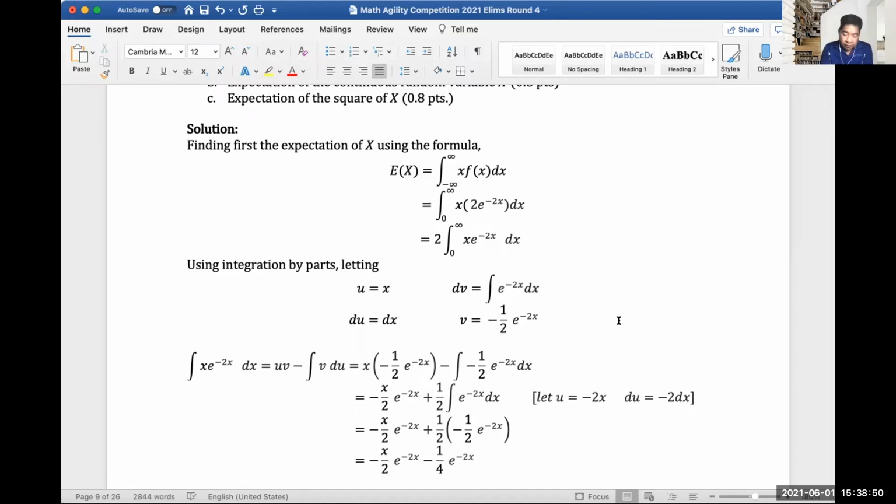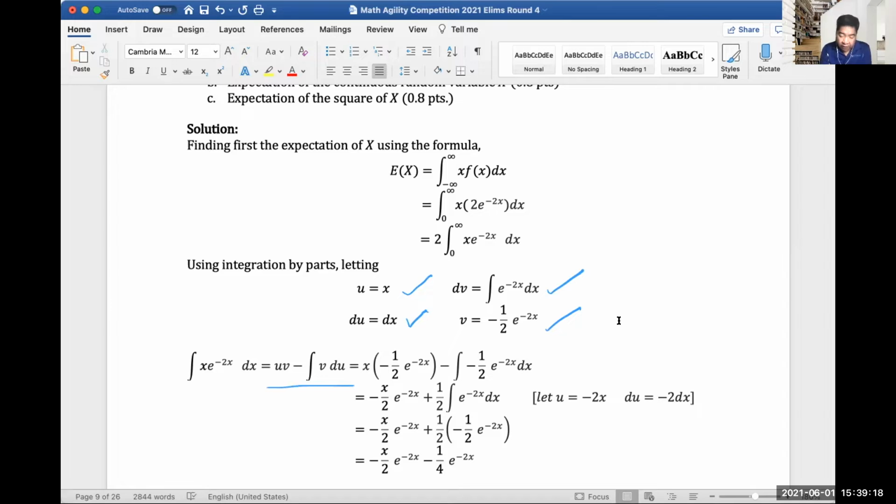We let u equal x, and if we get the derivative of that, du equals dx. And dv is the other part, which is e to the negative 2x. If we take the integral of that, v equals negative 1 half e to the negative 2x. So combining them, the formula is uv minus the integral of v du.